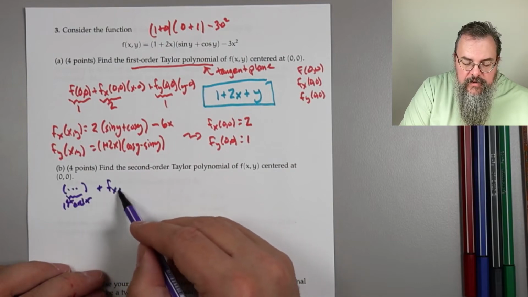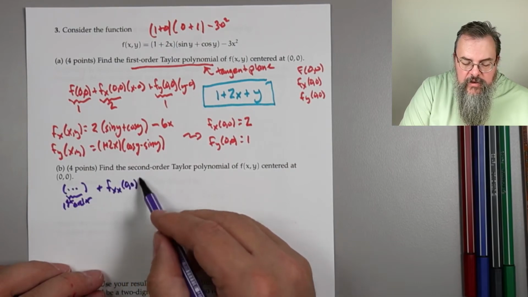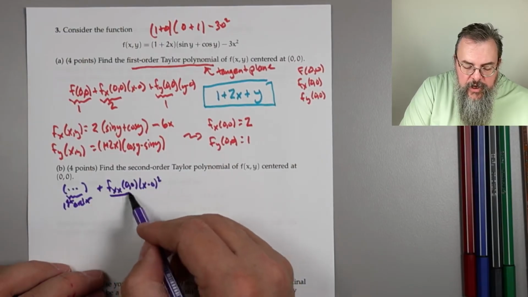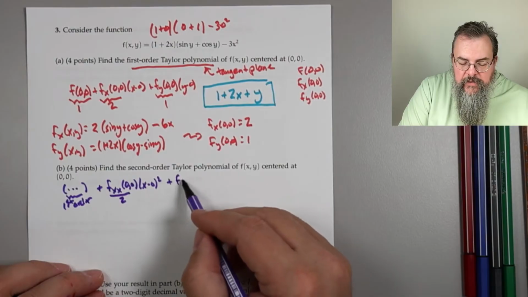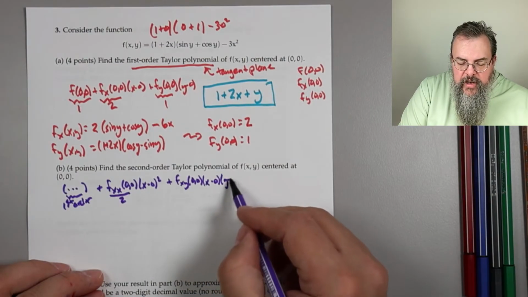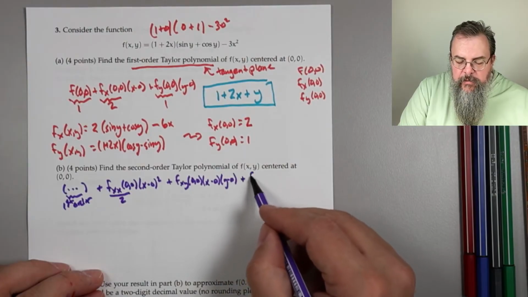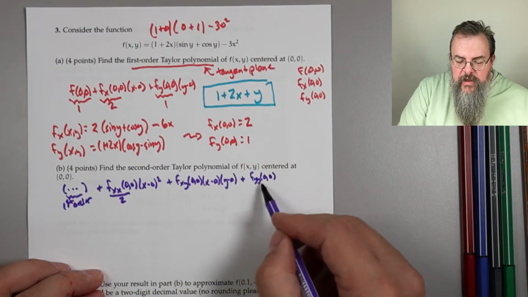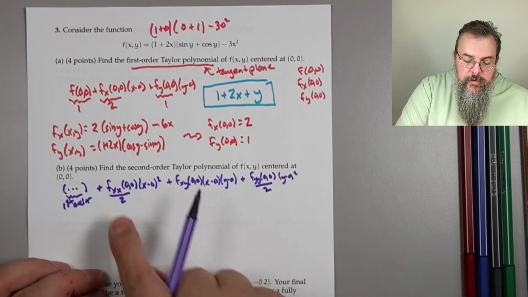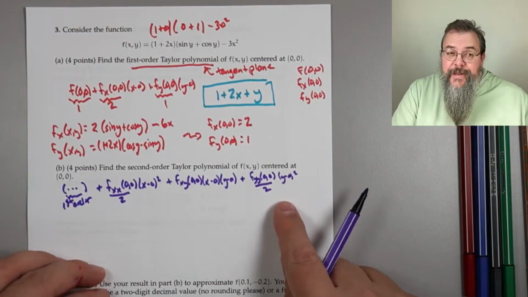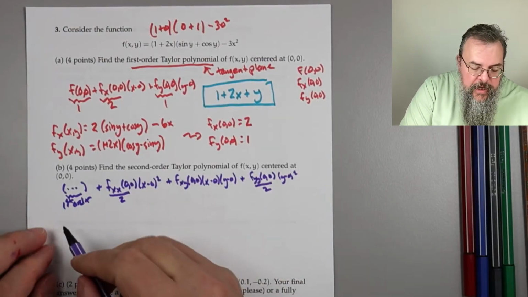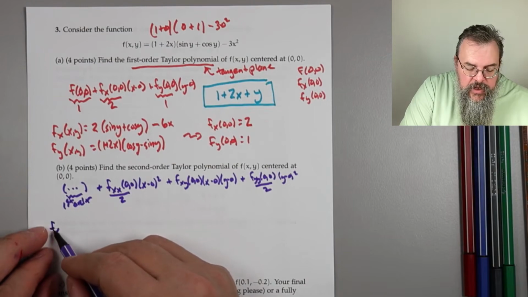You get your fxx at 0, 0 times (x minus 0) squared times a half, so divided by 2, plus fxy at 0, 0, (x minus 0)(y minus 0), plus fyy at 0, 0 times (y minus 0) squared, again divided by 2. So we have to find these derivatives and plug in. Okay, so we have 3 second order derivatives we have to find.